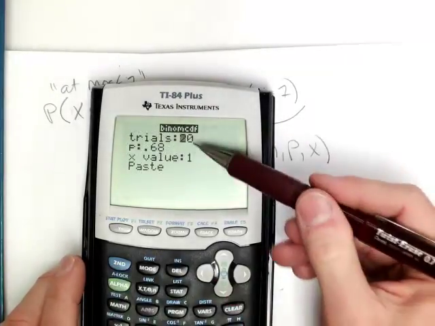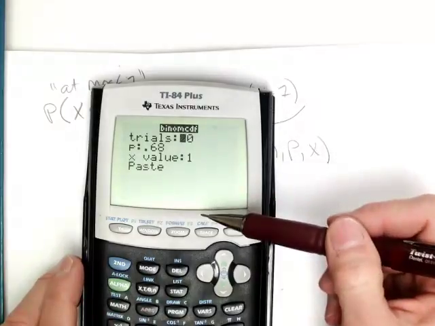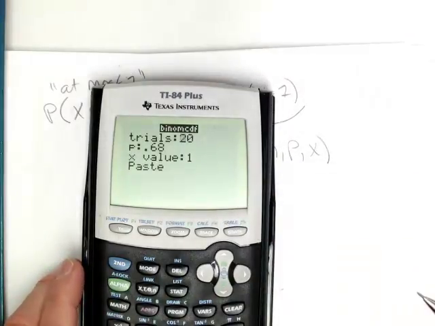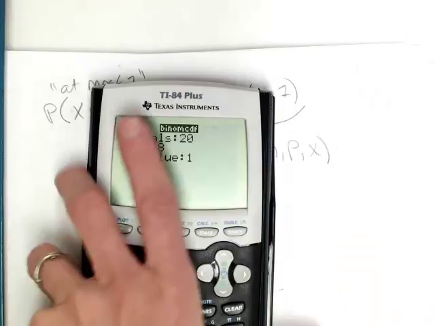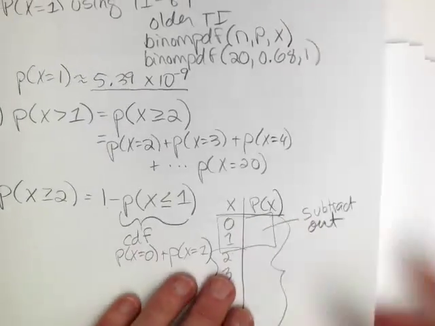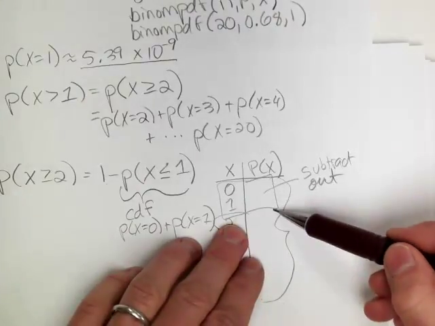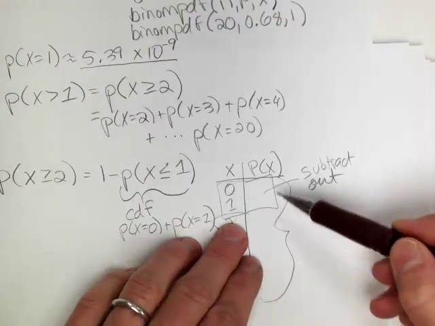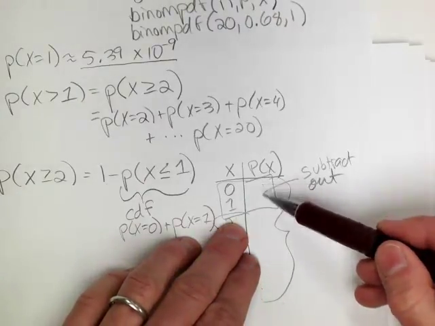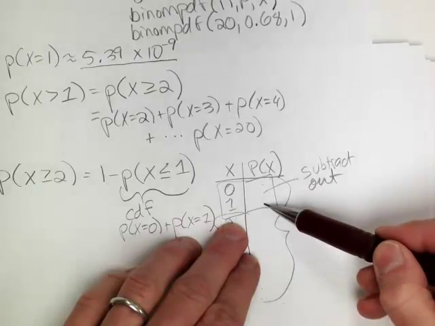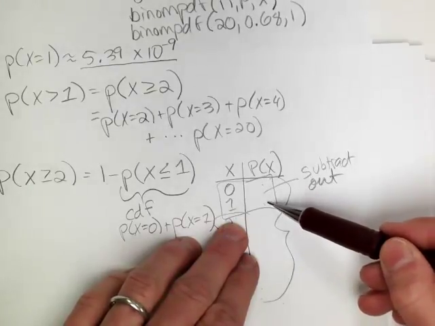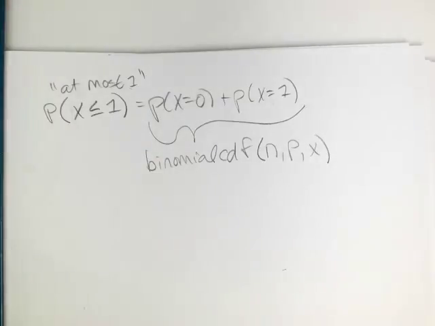This is the same information that we had from part B, except this time I am not subtracting it from 1. So part C is asking for this part here, at most 1. That's the probability x is equal to 0 plus the probability x is equal to 1, and at most 1 means we can include the 1.